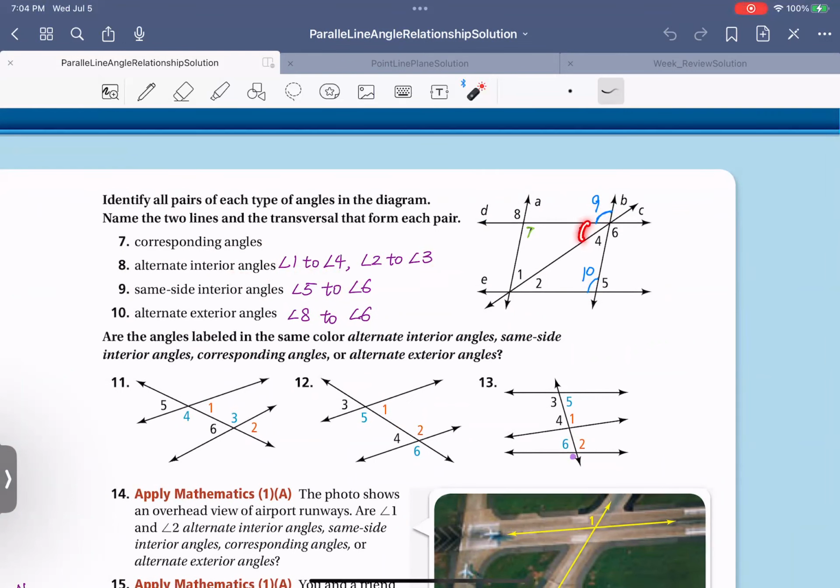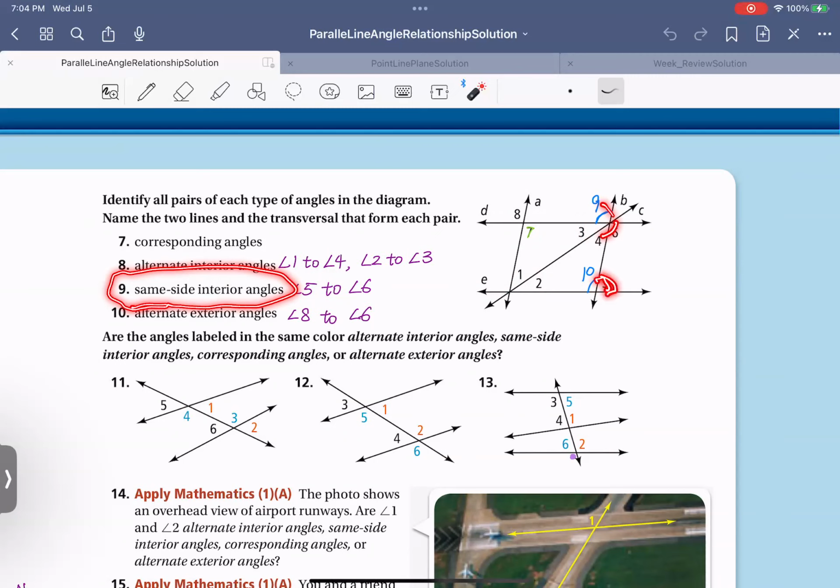If you see this one and this one, this is the same side. But if you see this one and this one, it's alternate sides. That's why you call these two alternate interior angles. And then maybe you see something like same side interior. These two are called same side interior.